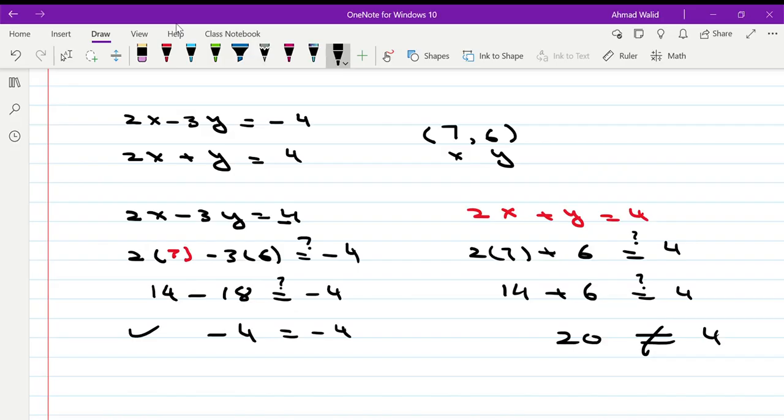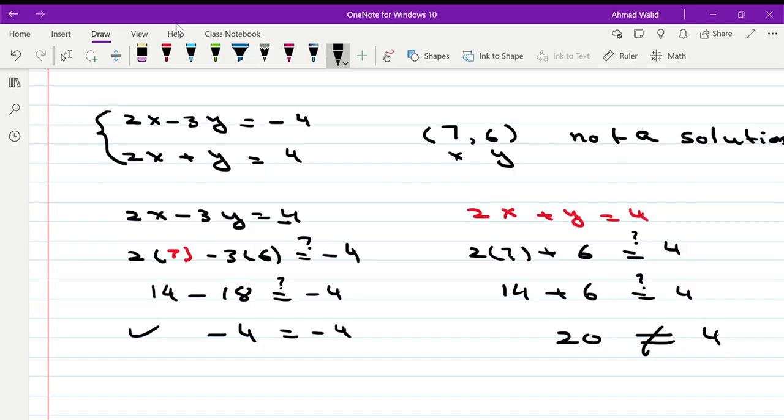You see, here your ordered pair satisfies one of the equations, but not both of them at the same time. Then what is your answer? You say not the solution, or not a solution. The ordered pair has to satisfy both equations at the same time.